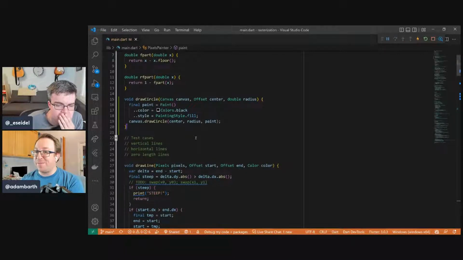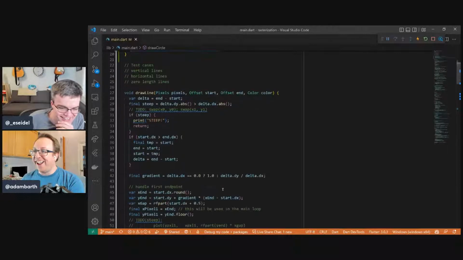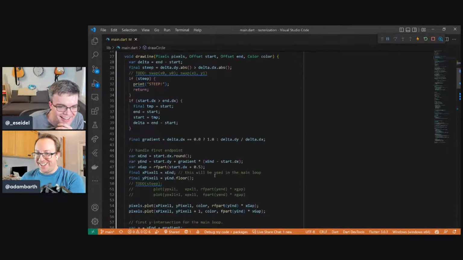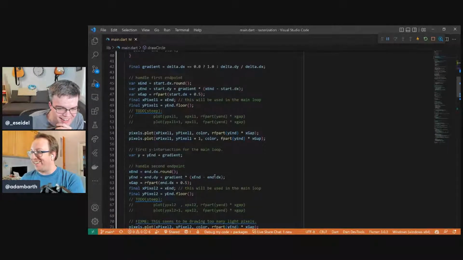How fast I typed that? That was Copilot. It actually completed a totally reasonable draw circle function. But that just relies on Canvas drawing the circle, which is no fun. It's cheating. It doesn't know that we want to draw it by hand with stone knives and rocks.